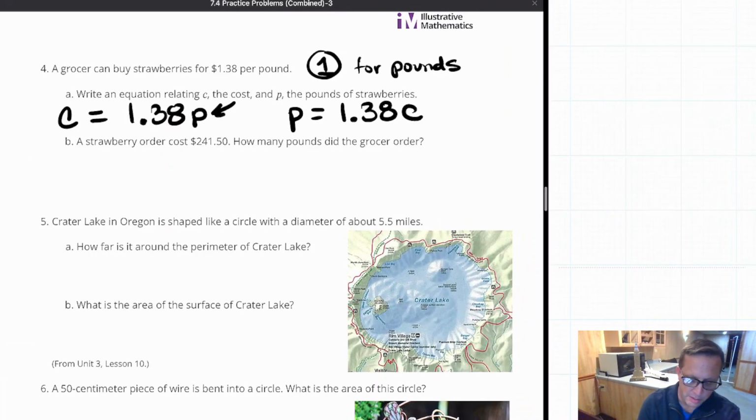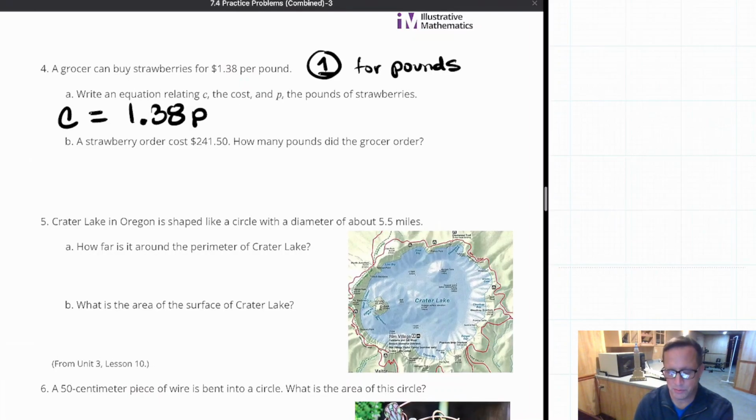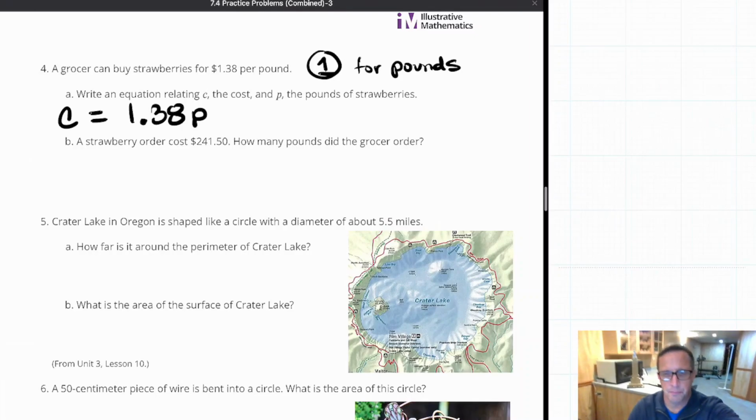So if we put in $1.38 there and multiply by 1, you're going to get a cost of, well, the identity property tells us it's going to be $1.38, because anything times 1 is itself. Okay? So if you're ever trying to figure out which equation to use, just write out both, plug in a number, and see which one makes more sense to you. That's not a bad idea.